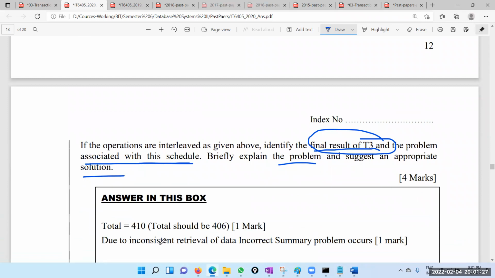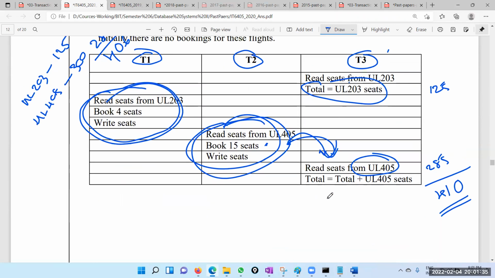They have taken it as inconsistent summary. Incorrect summary problem occurs. I thought they would take it as a dirty read, but actually this is not really inconsistent summary either, because these records are from different things. But anyway, a little bit of inconsistent summary is also there. Usually inconsistent summary means you read the value once and you read the same value again.